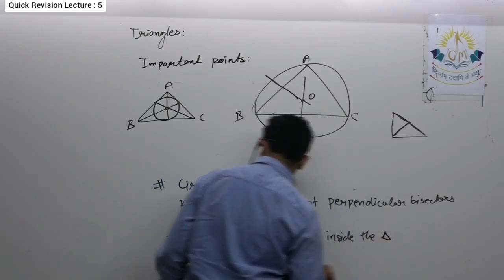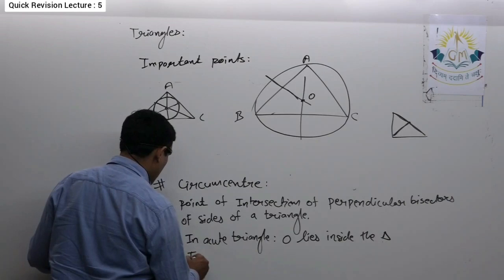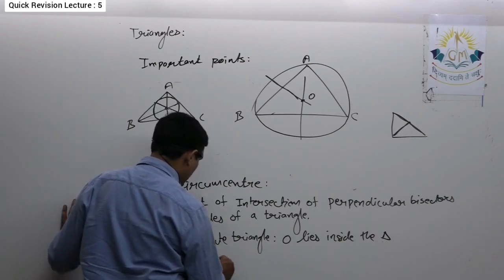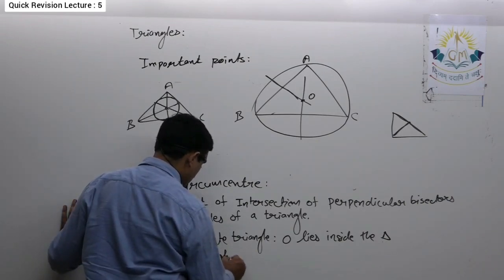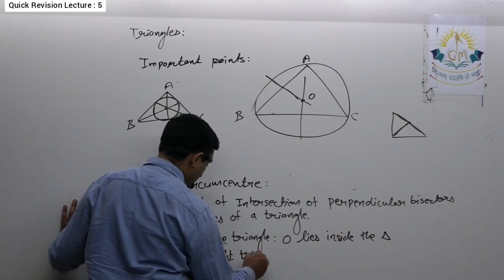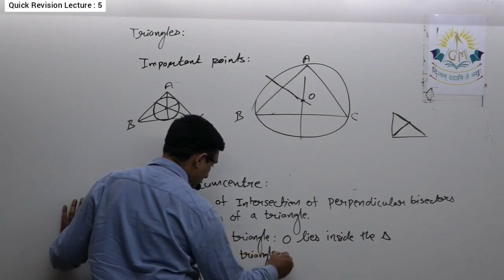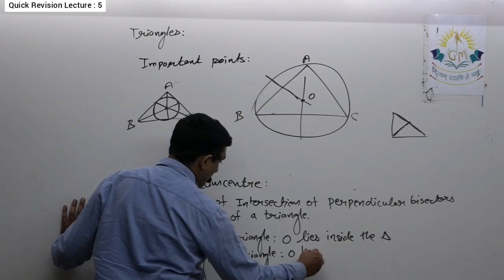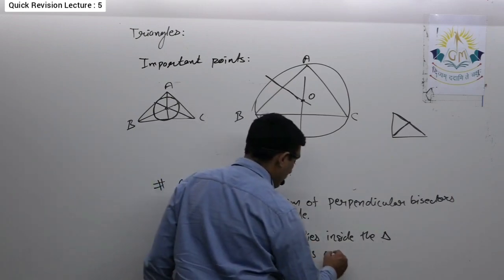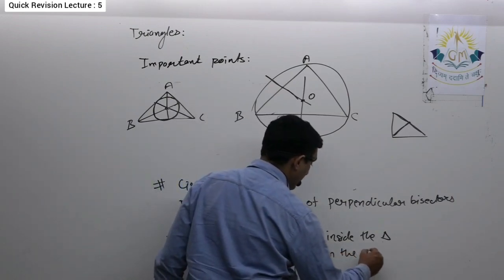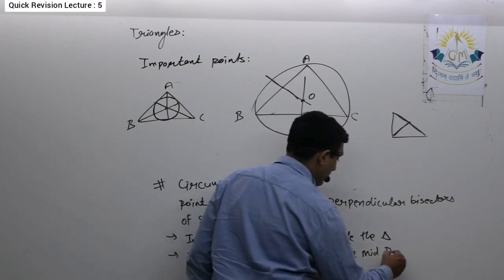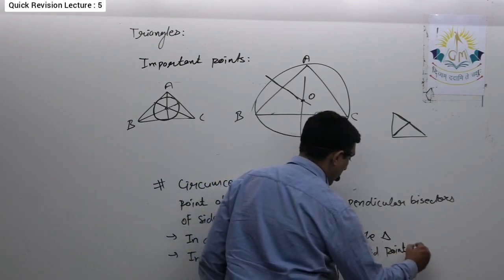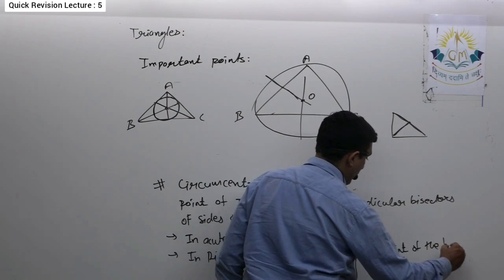In a right triangle, O lies on the midpoint of the hypotenuse.